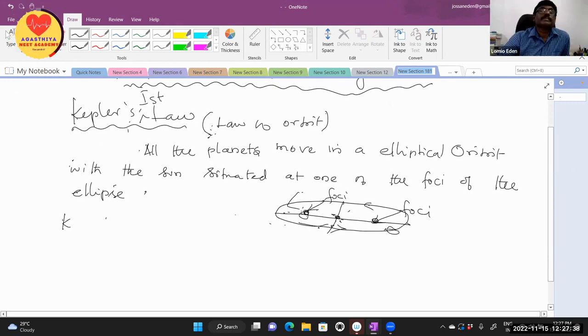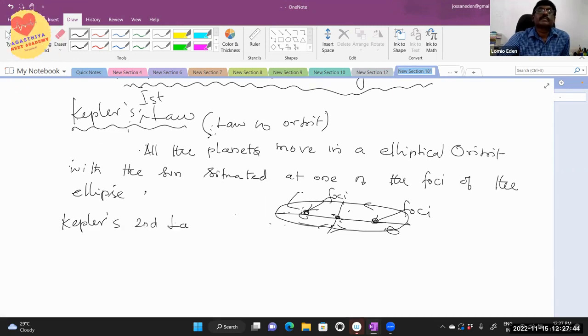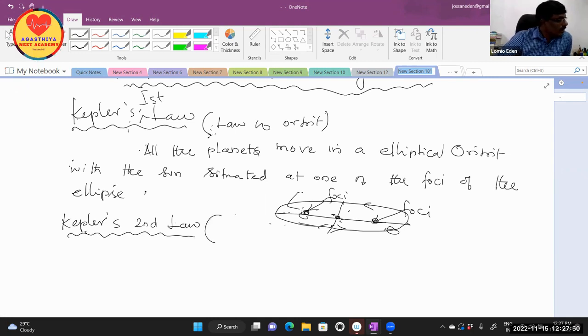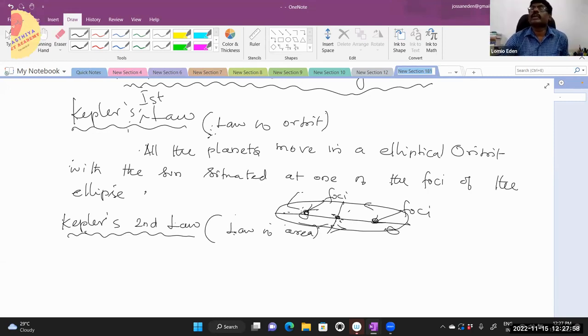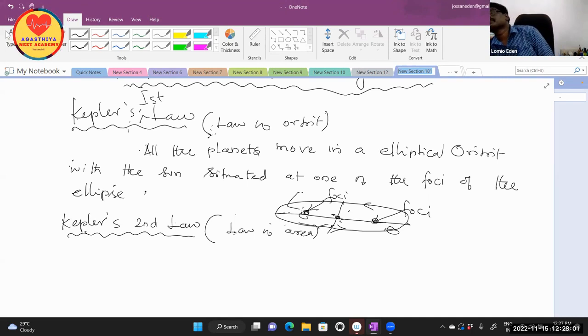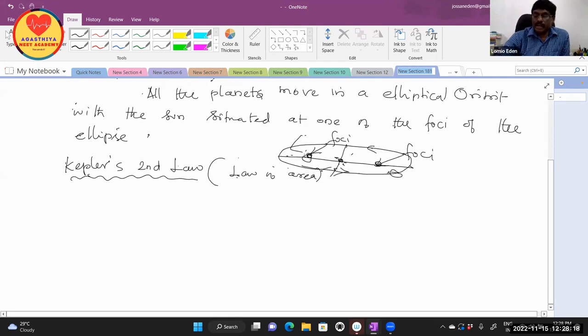Second law, law of area. The radius vector covered by the planet in a given time will be equal, or areal velocity is constant. That is called the law of area.